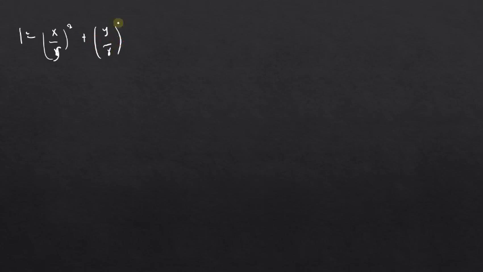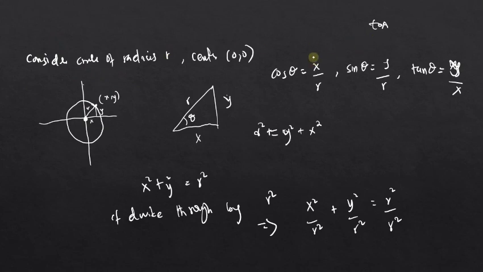So 1 will be equal to cos theta squared plus sin theta squared. You can also rewrite it as sin squared theta plus cos squared theta. So this is your first identity, right?